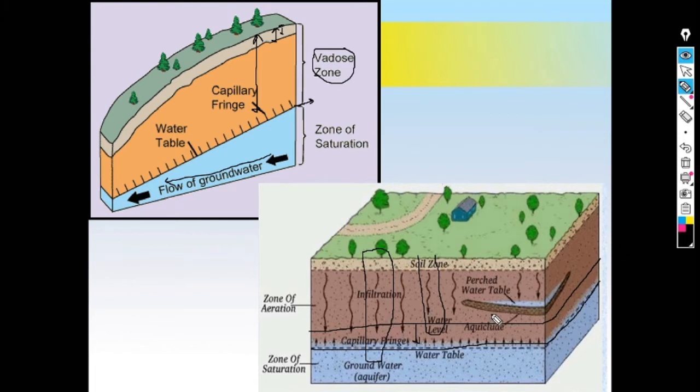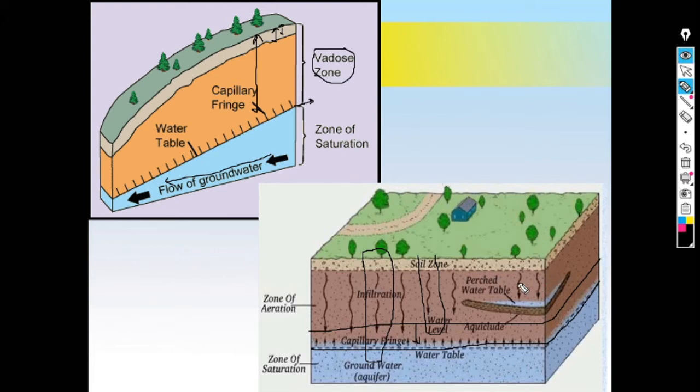Now, what is a perched water table? In the zone of aeration, sometimes there is a small layer of confined strata. We have seen confined and unconfined strata. That is, this impermeable strata won't let water percolate down from it, right?